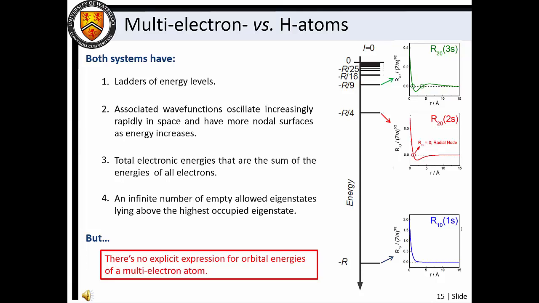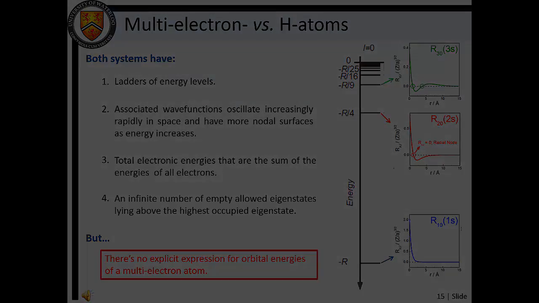Furthermore, like the hydrogen atom, the total electronic energies of multi-electron systems are the sum of the energies of all the electrons. However, unlike hydrogenic atoms, multi-electron systems have no explicit expression for orbital energies. We cannot solve the Schrödinger equation for these species exactly.